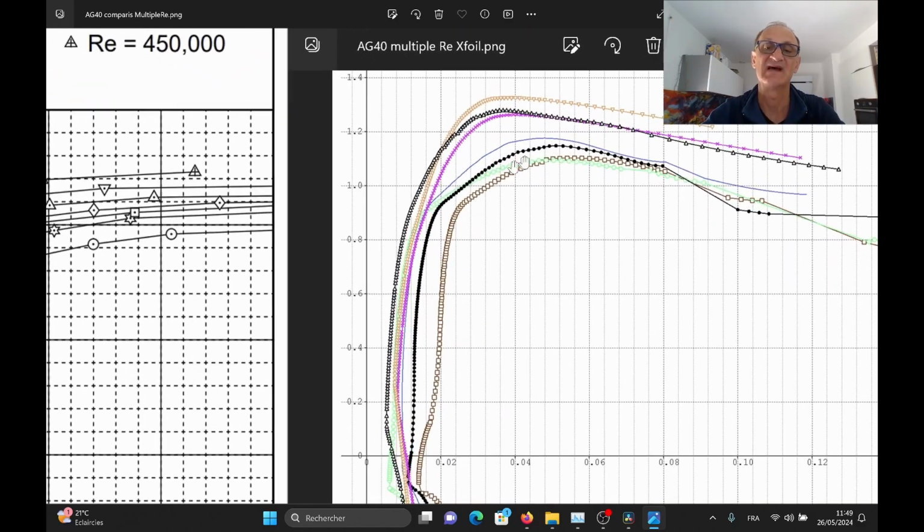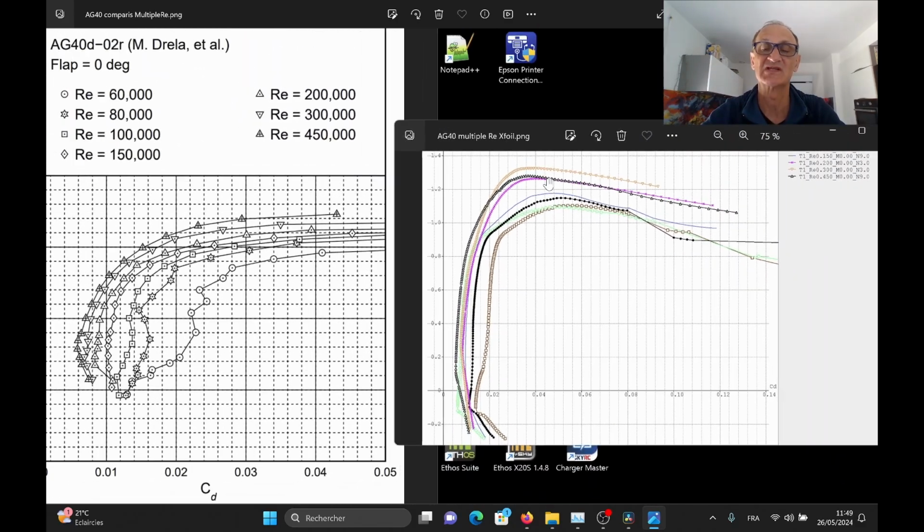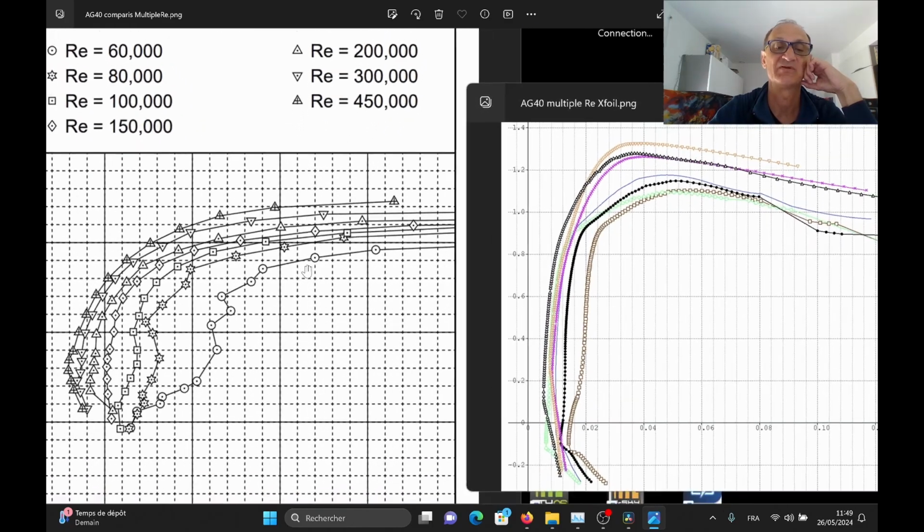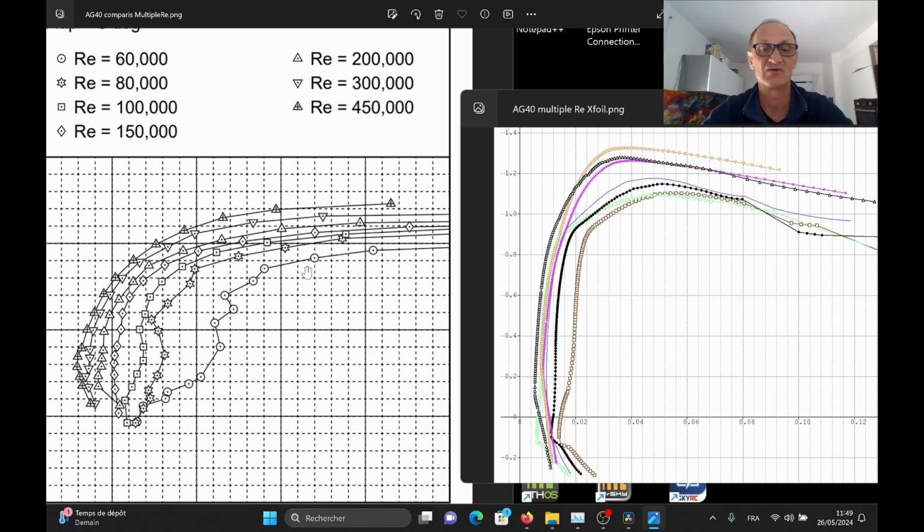So we can see that the lift here on the Xfoil graph on the right at 60,000 Reynolds is overpredicted, and that the drag is highly underpredicted if you look at what happens on the wind tunnel curve.